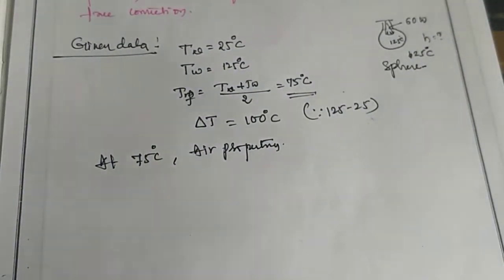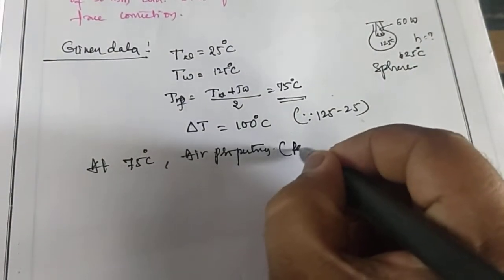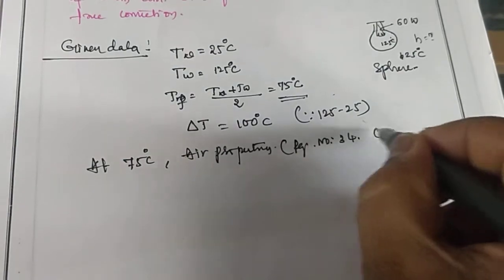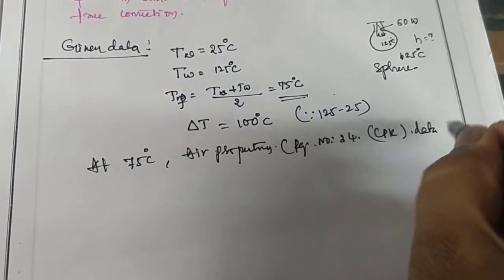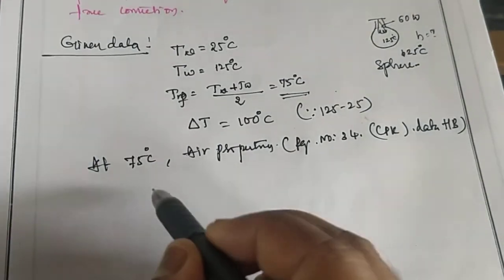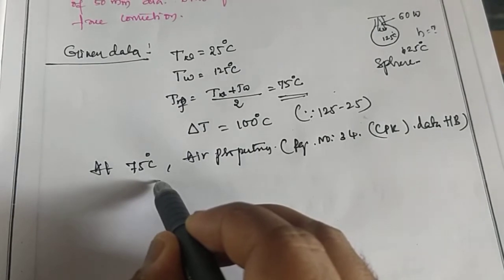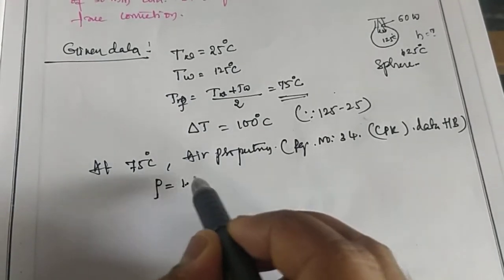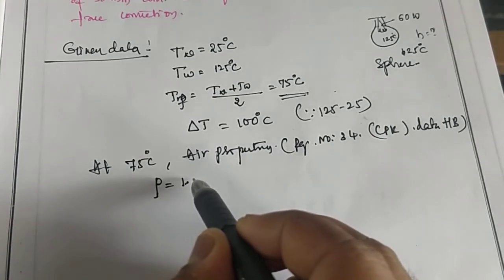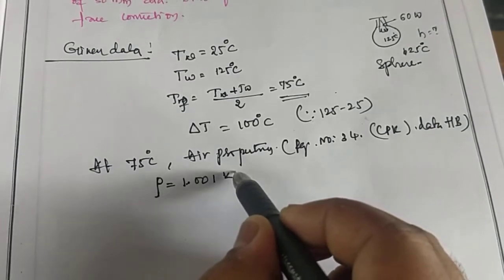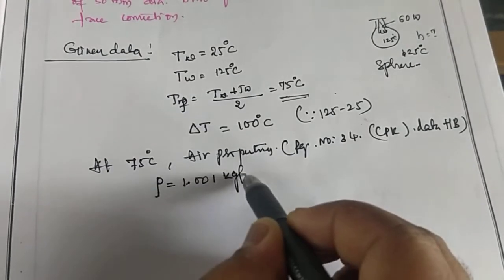I'll write them down directly. From the C. P. Kothandaraman data handbook, page number 34, the density is about 1.001 kg per meter cube.